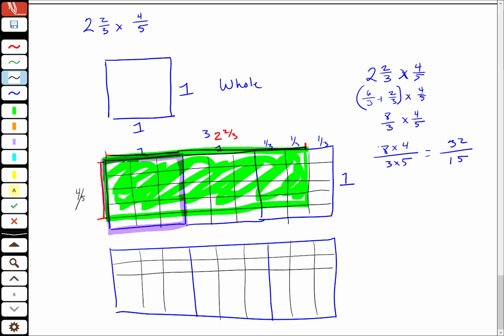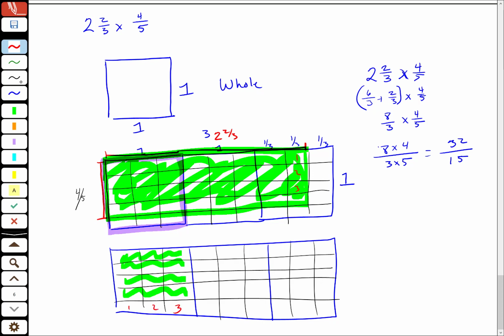So I'm going to re-subdivide everything, redraw it, and then I'm going to shade in. Do you see I have 4 rows here? And then I need 3 extra boxes, or 3 extra squares. So I'm going to take them from there and put them down in this final row in my first whole one.